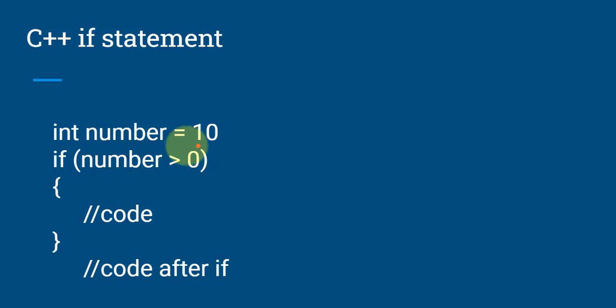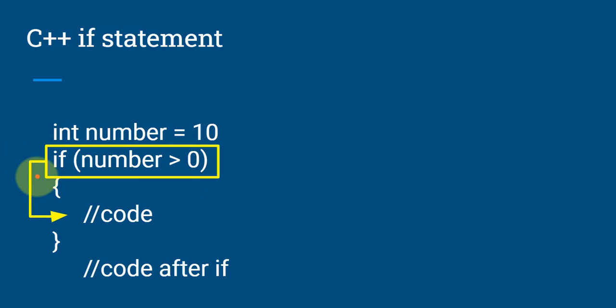And in here, if number is greater than 0, this is our condition, then the program will try to read the next line of code inside the body, instead of skipping this part.